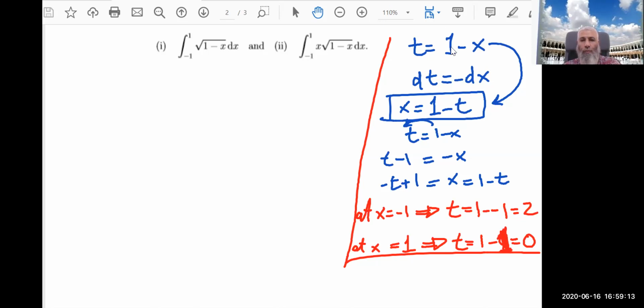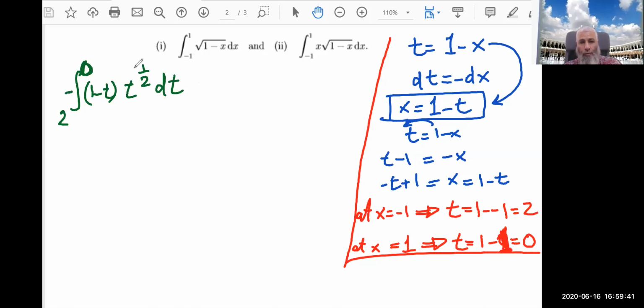So the integration will be equal to the integration from 2 to 0 of x, which is 1 minus t, multiplied by root t, which is t power 1/2, dt. Minus dt, right?